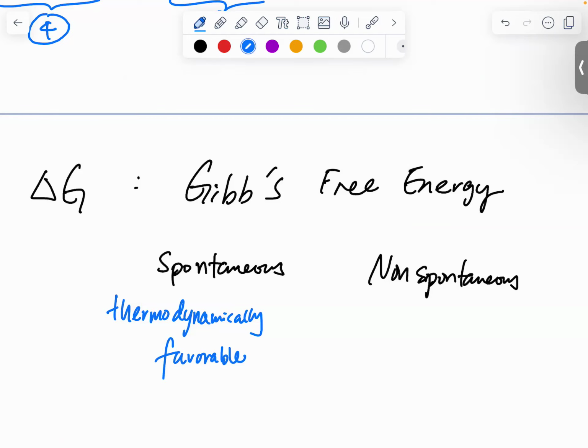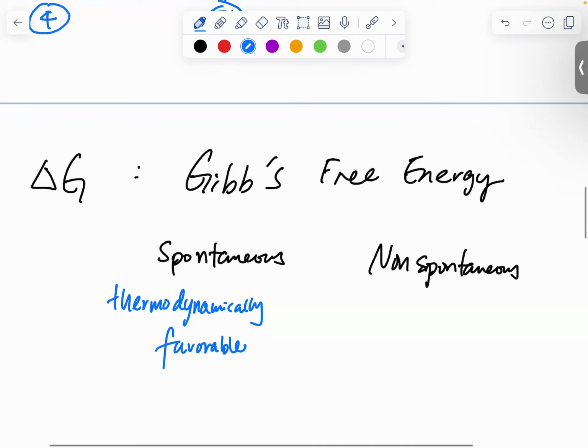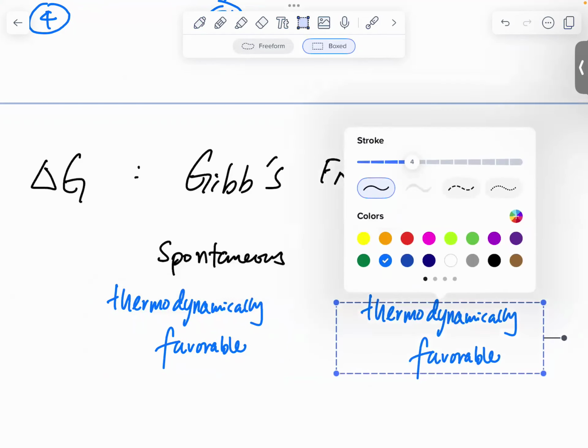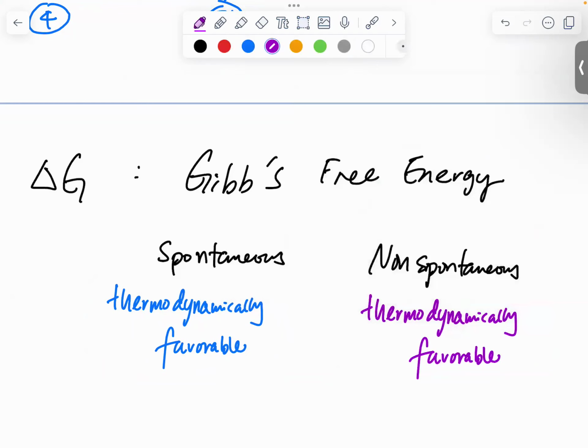Not going to make a big deal unless somebody please educate me how this is a big deal. But for us, in terms of our conclusion, it's not really a big deal. And then for the non-spontaneous, all right. So that's just the language.